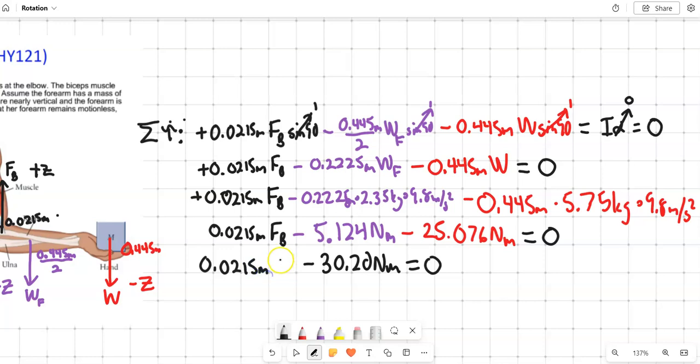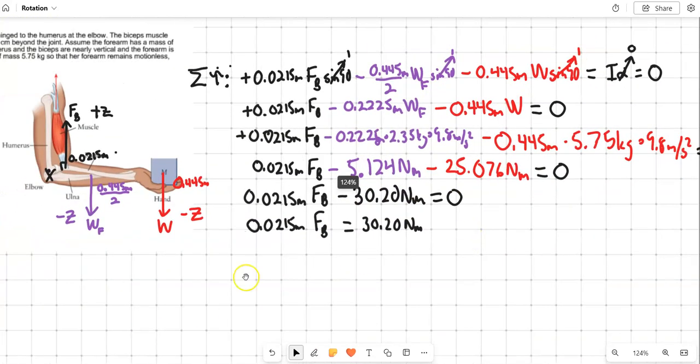0.0215 meters times the bicep force. I'm going to add this to the other side. So that negative 30.20 is going to become positive 30.20 Newton meters, and this is 0.0215 meters times F sub B. Now we're going to divide onto the other side.